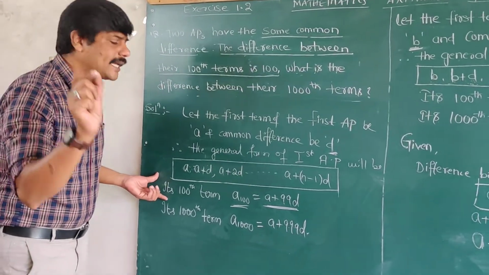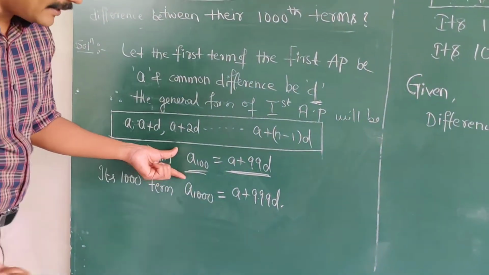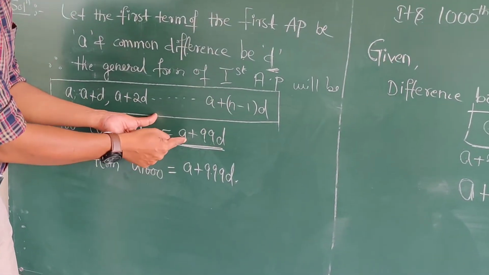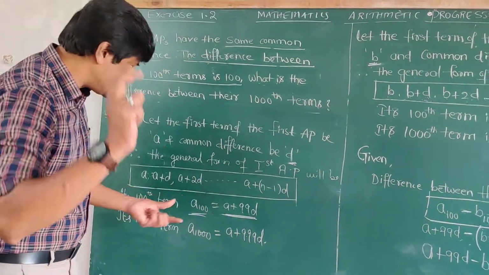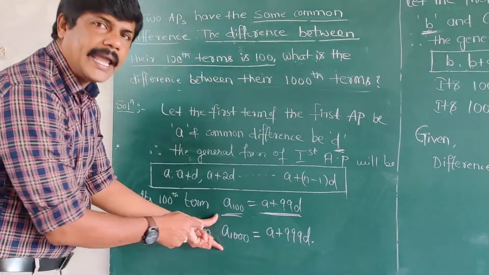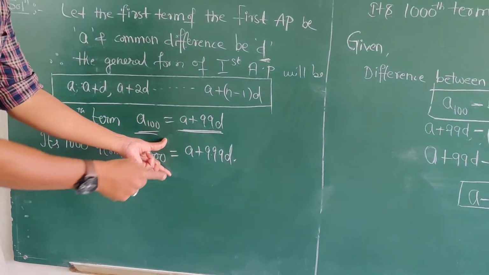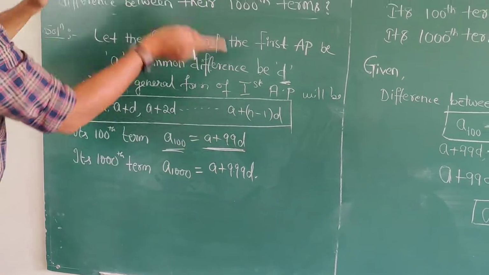What is the 100th term of this AP? A100 is, according to the formula, A plus 99D, which is required because we have to take the difference. Now what is its 1000th term? A1000 is nothing but A plus 999D. This is the extraction from the first AP.